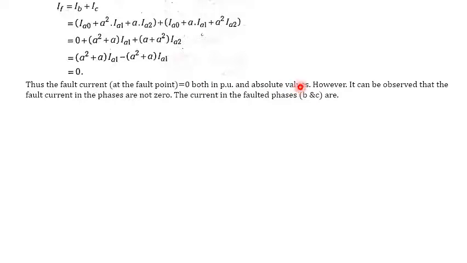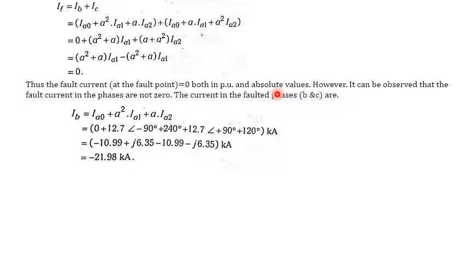However, it can be observed that the fault currents in the phases are not zero, because there is some MVA and voltage, so there should be some amount of current flowing, because of the presence of MVA in the kV values. So let us calculate independently the IB and IC values. IB is equal to IA0 plus A square into IA1 plus A into IA2.